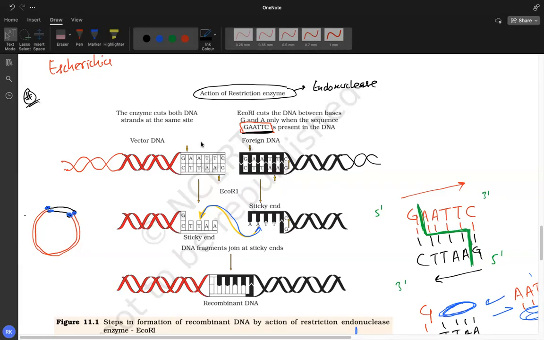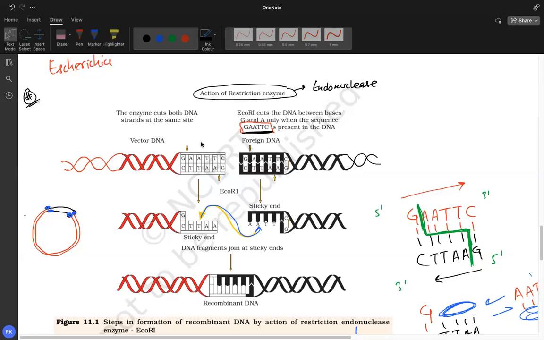Another interesting thing about restriction endonuclease, just write this down also: every restriction endonuclease recognizes a specific palindromic sequence in the DNA.